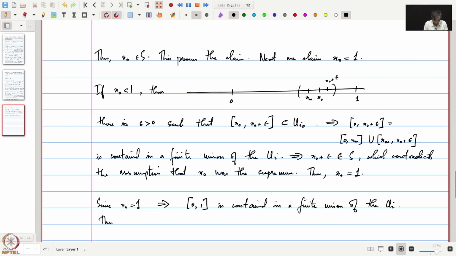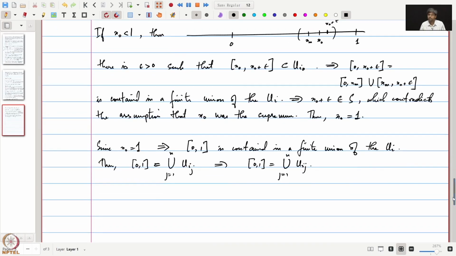Thus there is a finite subcover, the union over j equal to 1 to n of U_{i_j}.